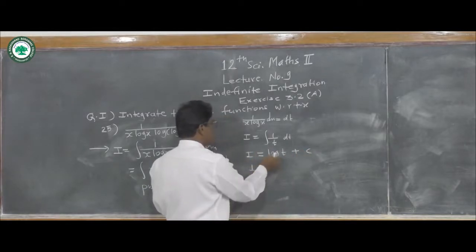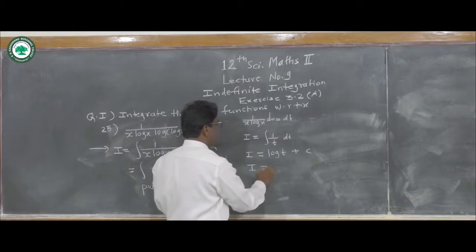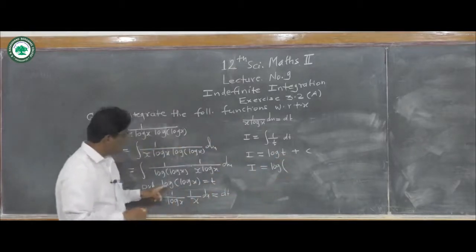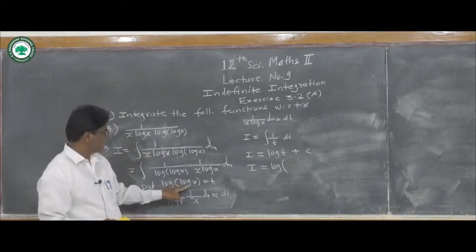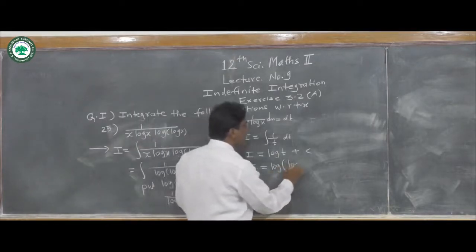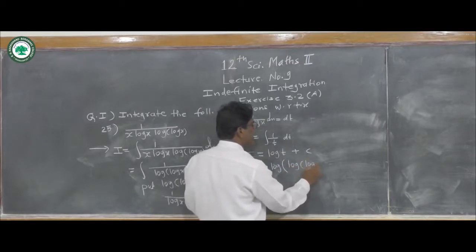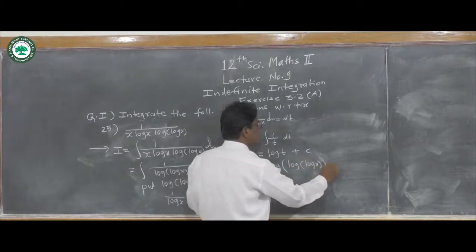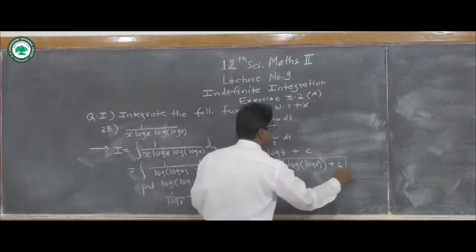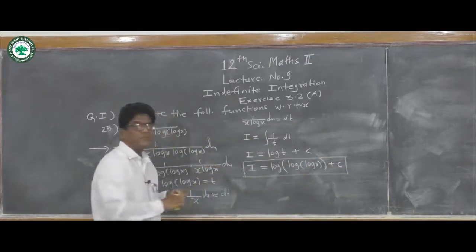Now resubstitute the value of t. I is equal to log of t, with t as log of log x. So log of log x plus constant of integration, and this is the final solution for this 25th problem.